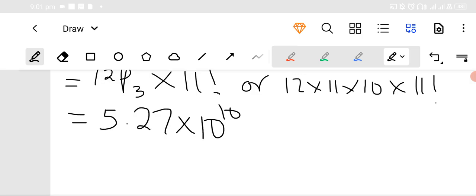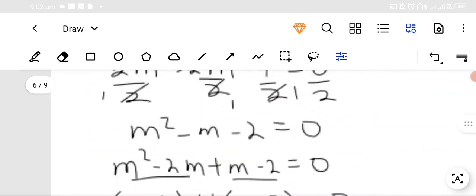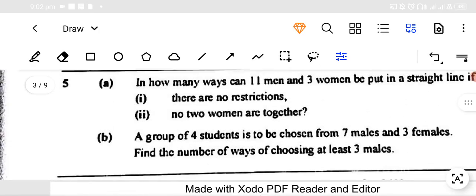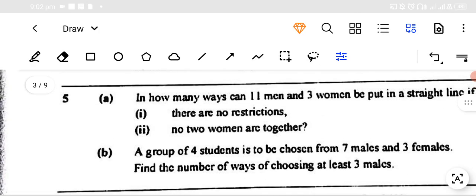Or you can say 12 times 11 times 10 times 11 factorial, because the other men can still permutate. You are going to have the same answer, so you can prove. That's your answer there. Of course, they ask for the number of ways. So that is how we do it.